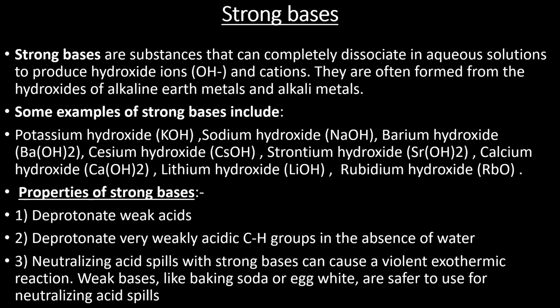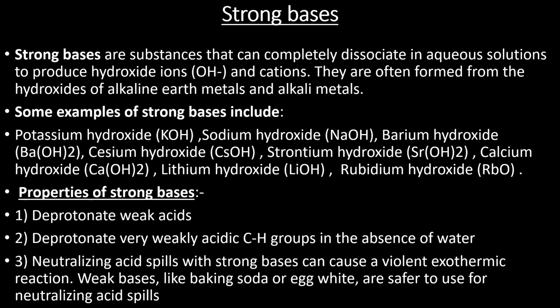So this is the example to show that strong bases are substances that can completely dissociate in aqueous solutions to produce hydroxide ions and cations. They are often formed from the hydroxides of alkaline earth metals and alkali metals. When you put them in water, they are completely dissociated into two ions.